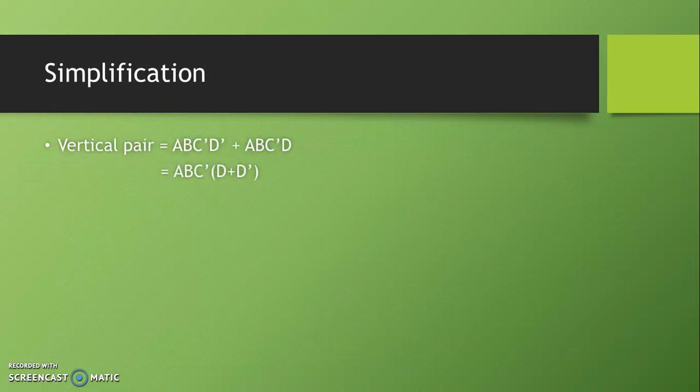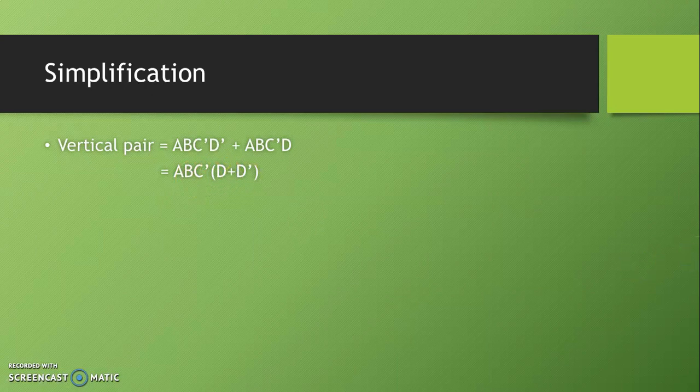First we write for the vertical pair. So that is AB C bar D bar plus AB C bar D. From both the product terms we can see that we can take a common, and that is AB C bar. So A B C bar we have taken as common, and D plus D bar.